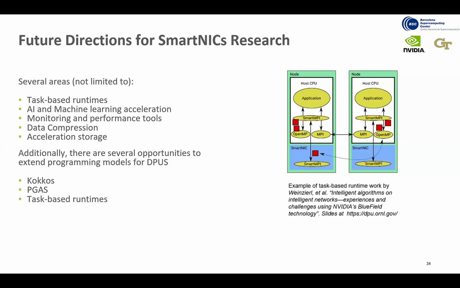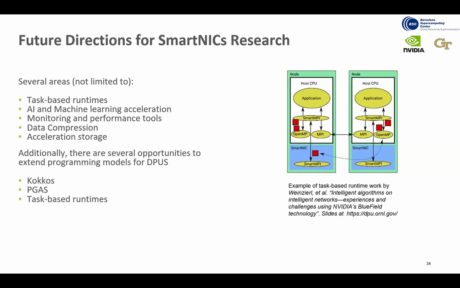But the point that I want to mention is that there are a lot of areas of research in terms of use cases, and the fact that the SmartNIC is an isolated device that is persistent across runs and jobs also gives an advantage. And also the fact that it can have a holistic view of the system is useful from the monitoring perspective.